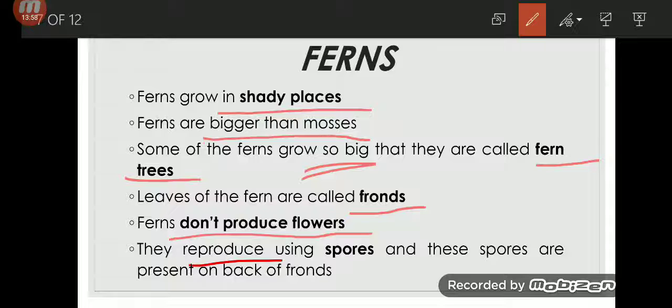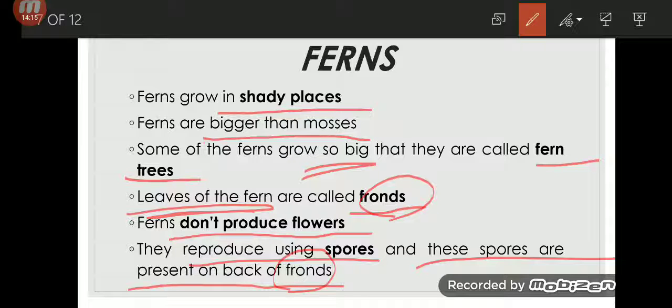They reproduce using spores just like mosses. But in mosses, the spores are present inside a capsule, while in ferns, these spores are present on the back of fronds. And what is a frond? The leaves of fern. So the spores are present on the back of their leaves.